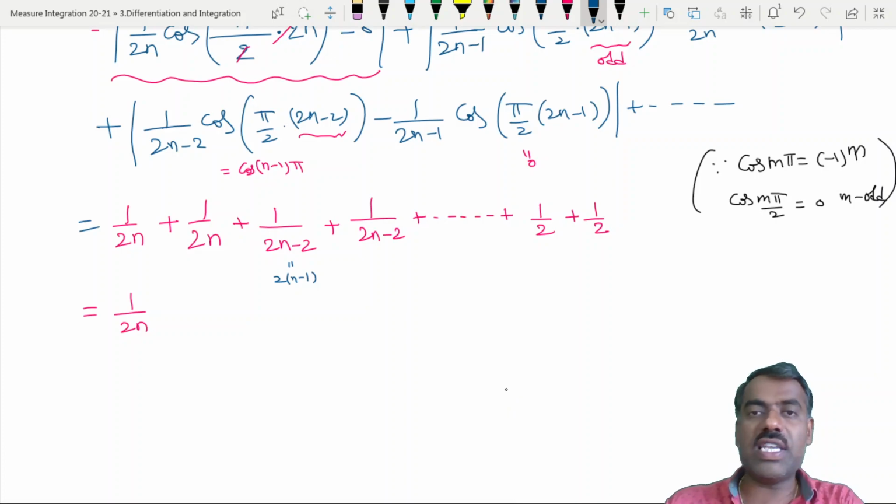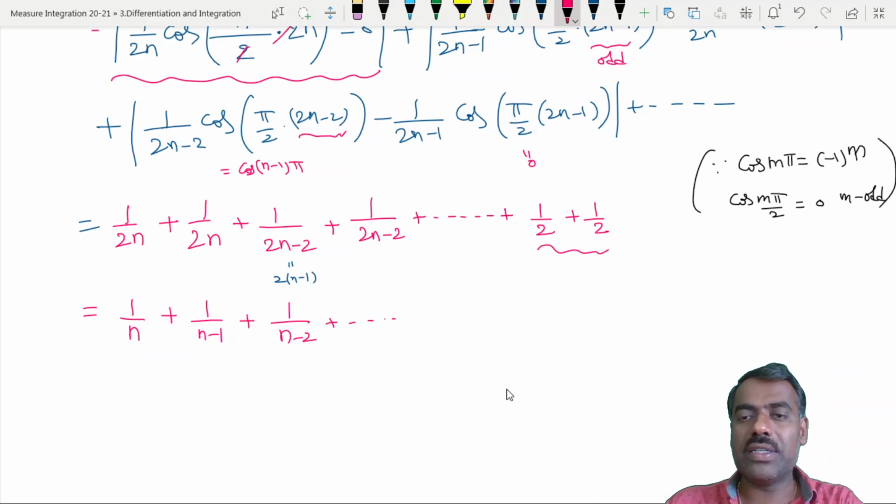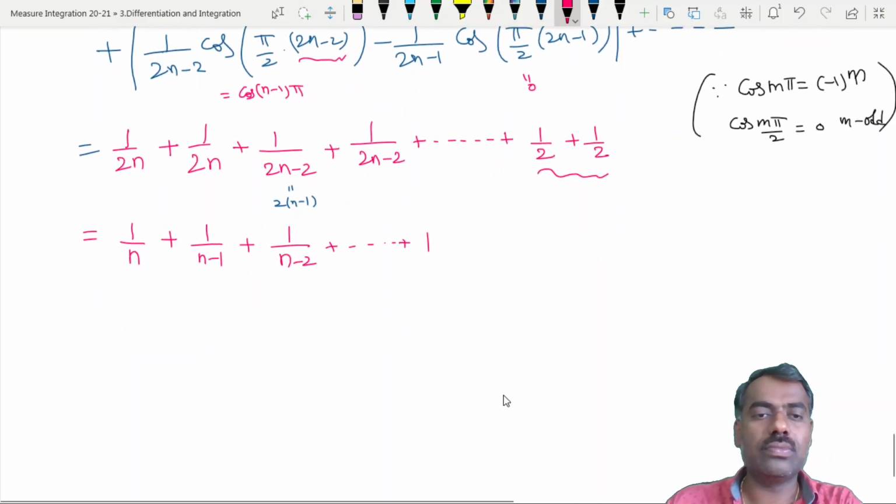So if you see this and add, this is 1 by 2n plus 1 by 2n, which is the same as 1 by n. Again it is 1 by 2(n minus 1) plus 1 by 2(n minus 1), so you will get 1 by n minus 1 plus 1 by n minus 2 and so on. If you see this, this is the same as 1. Are you following?